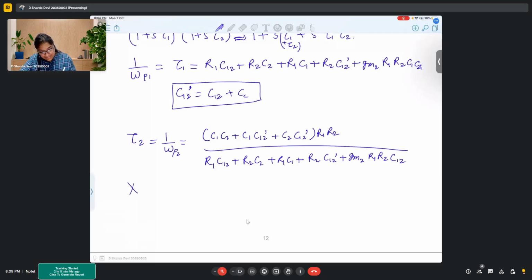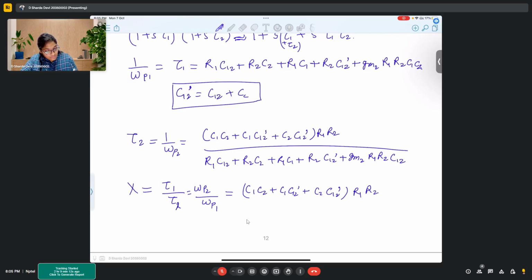So the X, that is the ratio of the two poles, is tau 1 by tau 2, that is P2 by P1. This is given by C1 C2 plus C1 C12 dash plus C2 C12 dash R1 R2 by tau 1 square.